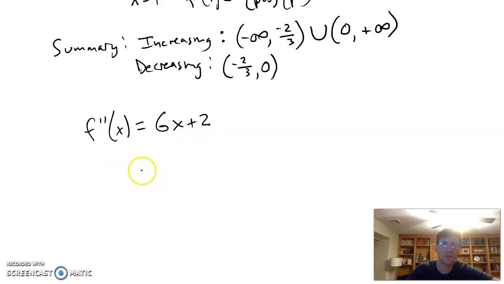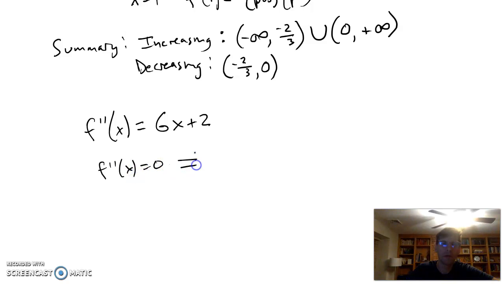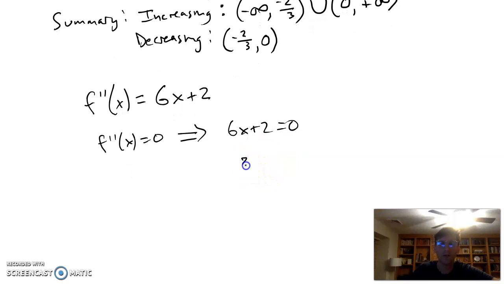If I set that equal to 0, I'm going to get 6x plus 2 equals 0. Could divide everything by 2 if I wanted: 3x plus 1 equals 0. So the only 0 is going to be at x equals negative 1/3.